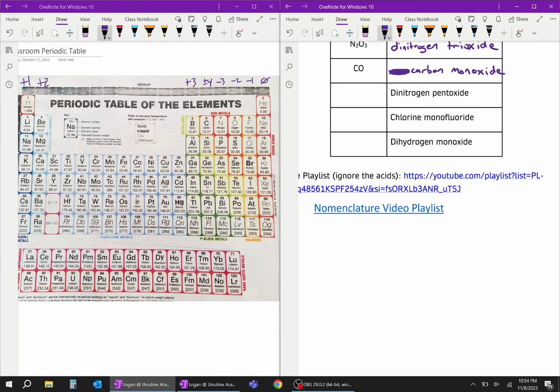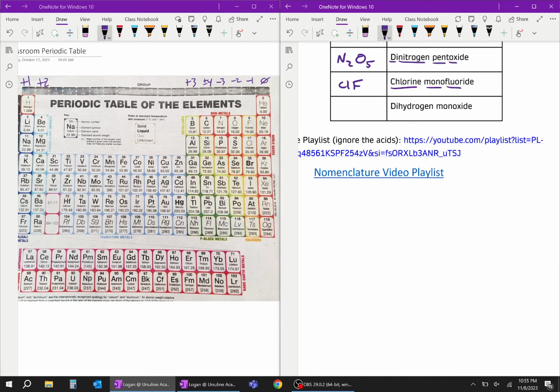So if I see dinitrogen, that tells me I have 2 nitrogens. If I see pentoxide, that tells me that I have 5 oxygens. Chlorine monofluoride. Chlorine by itself tells me I have 1 chlorine. Monofluoride tells me I have 1 fluorine, ClF.